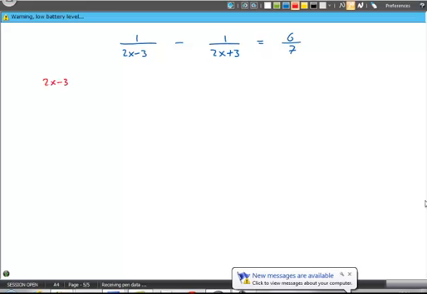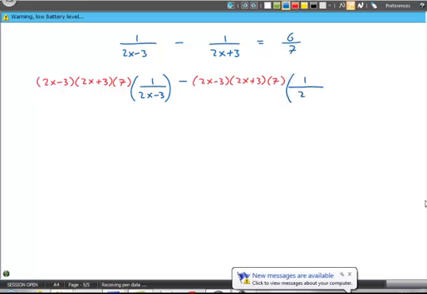You'll have 2x minus 3, 2x plus 3, 7, multiplied by 1 all over 2x minus 3, and you'll have your minus. You'll have same thing again, 2x minus 3, 2x plus 3, 7, 1 all over 2x plus 3.